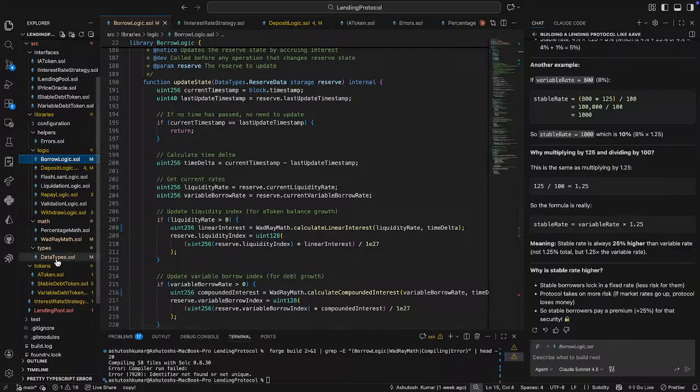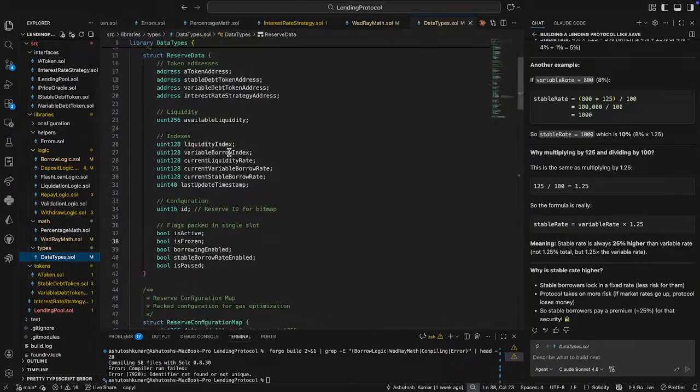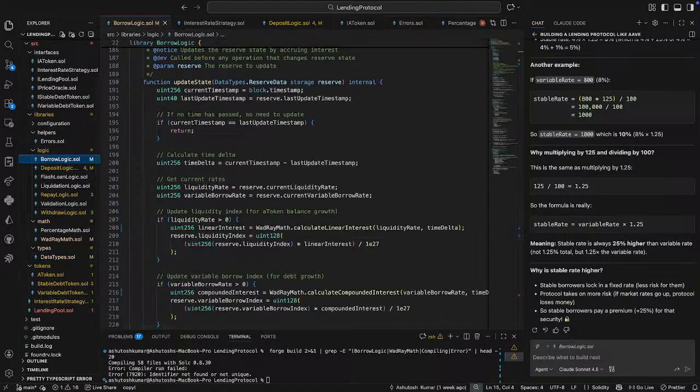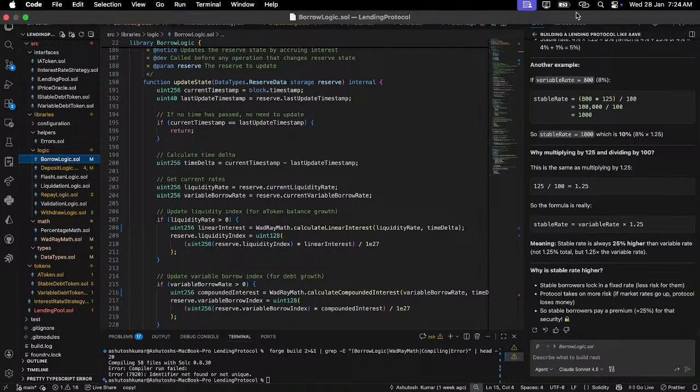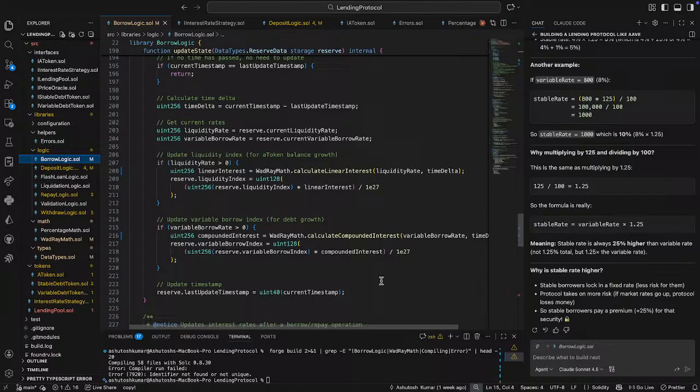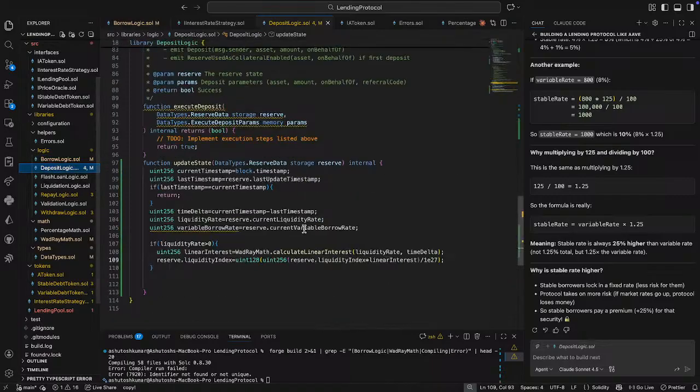Let me see. Liquidity index is in 128. Am I still streaming? Let me check. Okay. Linear interest rate.